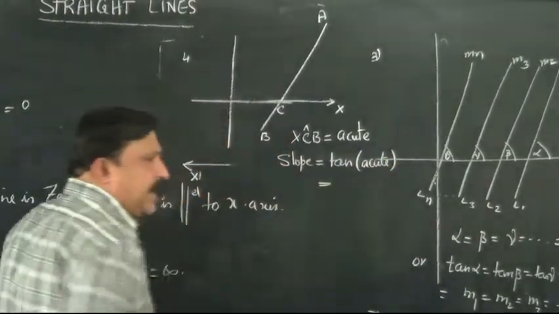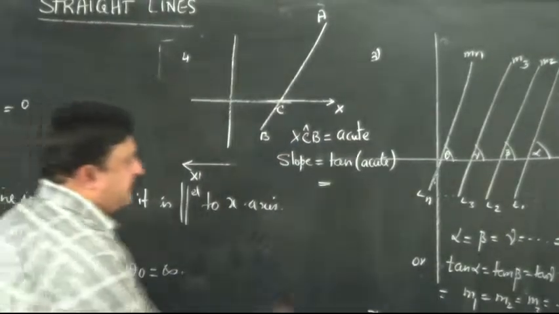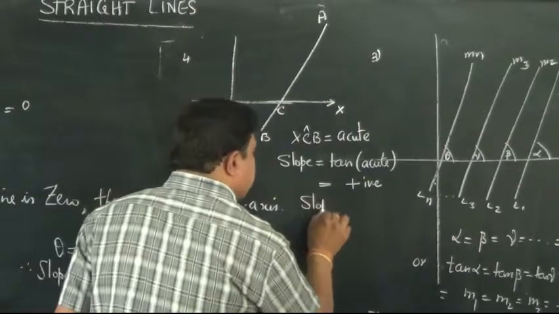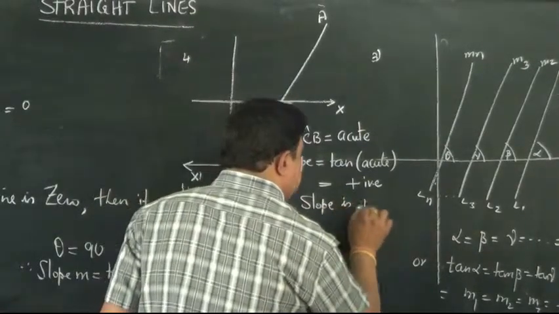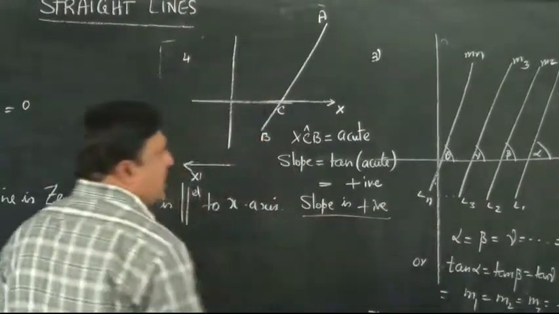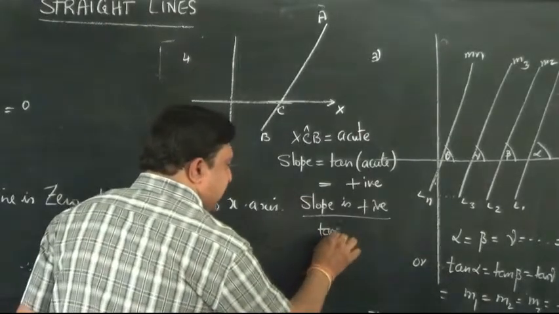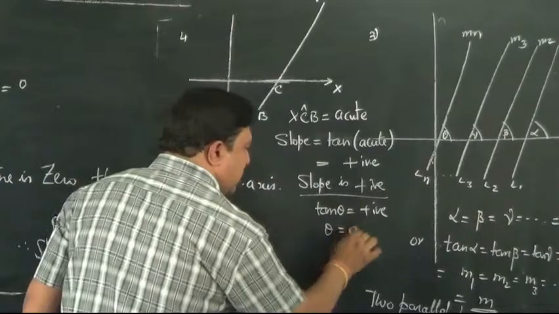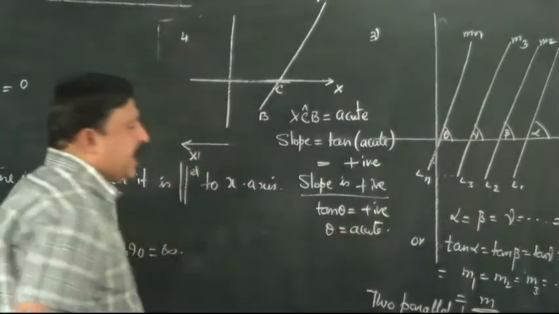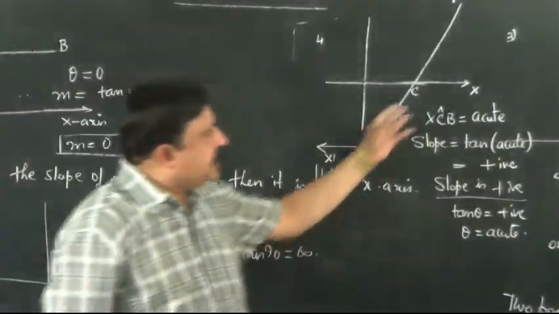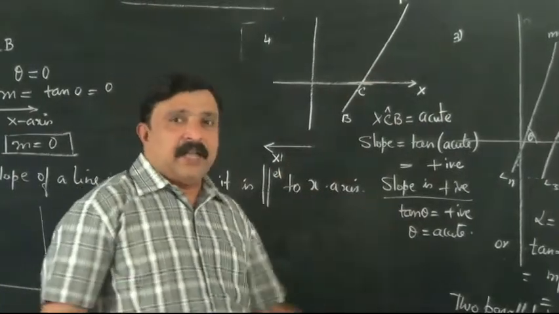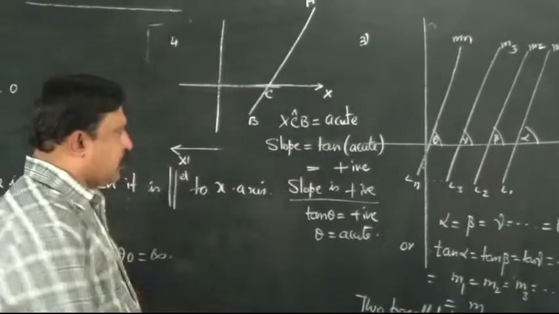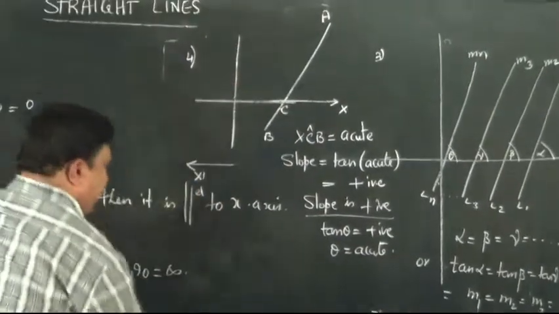You know that the tan of any acute angle is positive. So it is positive, or we say that the slope is positive. Slope is positive means tan theta is positive, which means that theta is acute. So if any line makes an acute angle with the x-axis in the positive direction, then its slope is positive. This is point number 4.